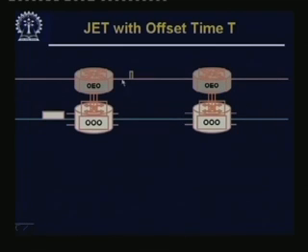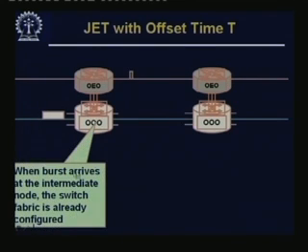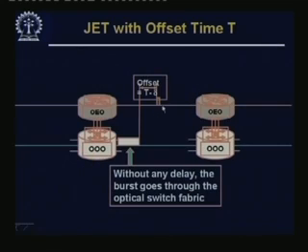This delay is calculated in such a fashion that when the burst arrives at the intermediate node, the switch fabric is already configured. So, you do not have to store it, it simply passes through in the optical domain. That is nice. The offset now is t minus delta, because it spent delta amount of time over here. So, without any delay the burst goes through the optical switch fabric.